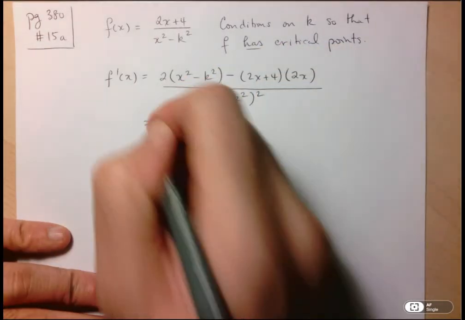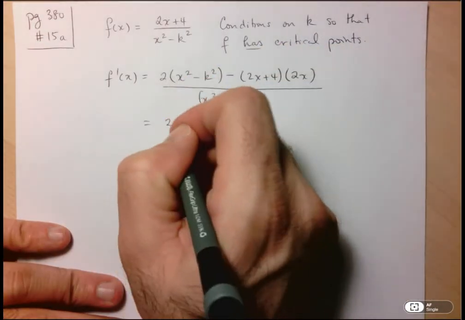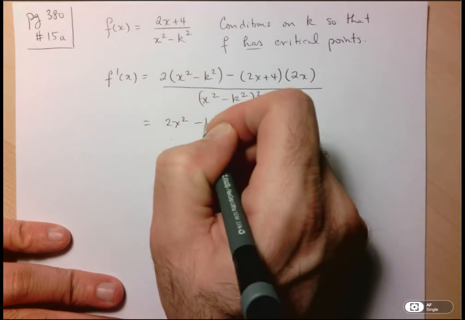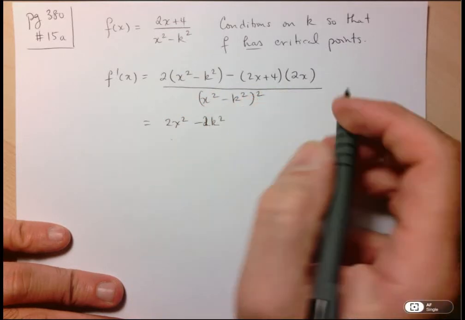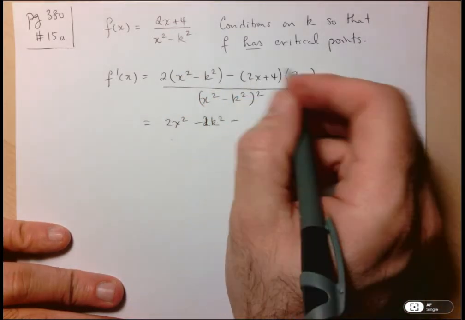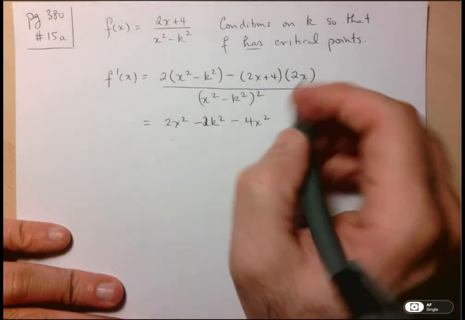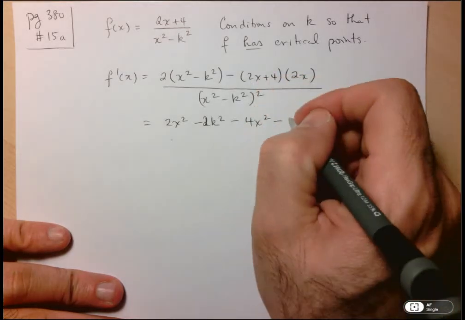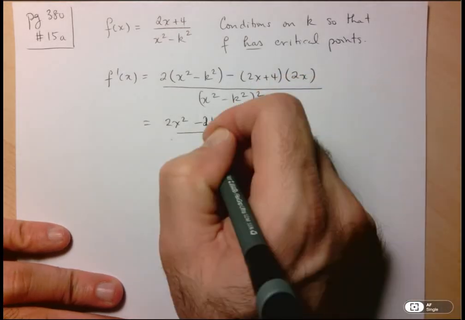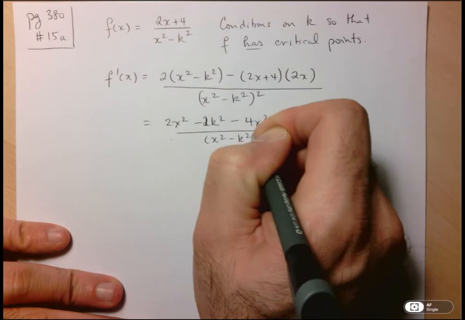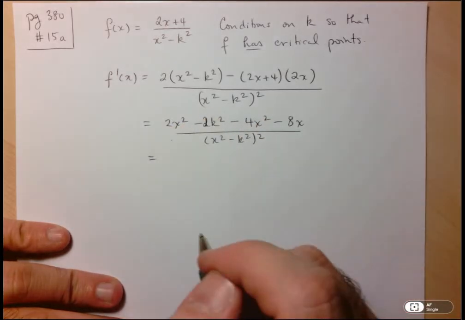Let's simplify here. We've got 2x squared minus 2k squared, and then minus 4x squared, and then minus 8x. Let's keep simplifying.